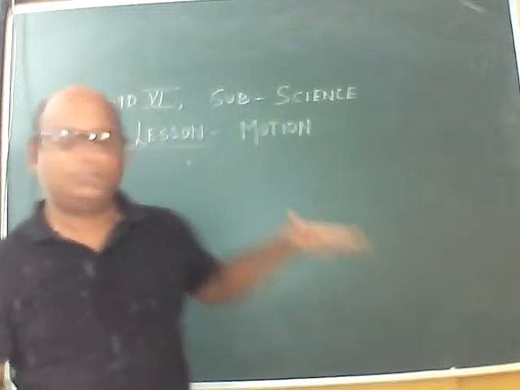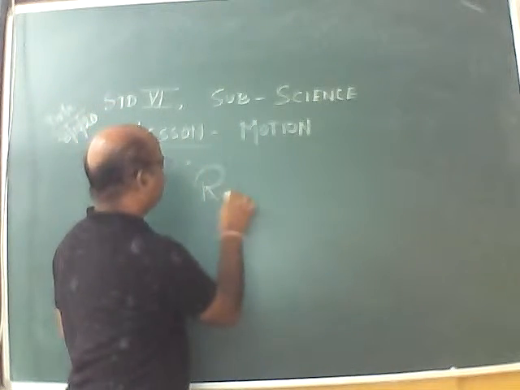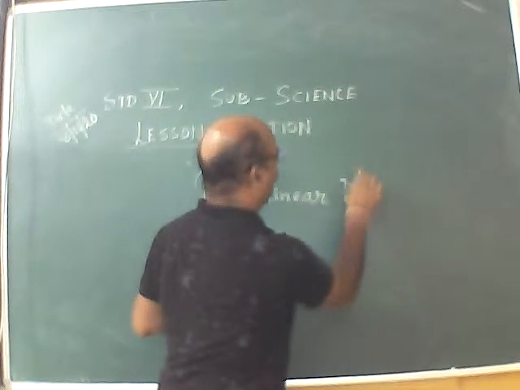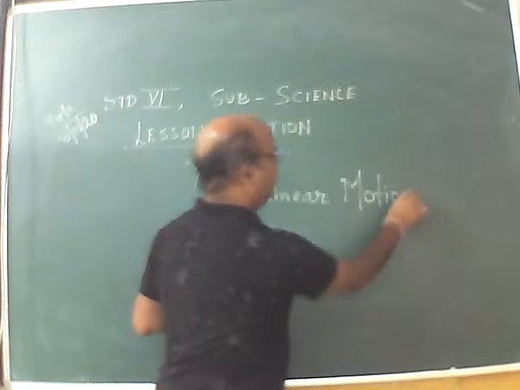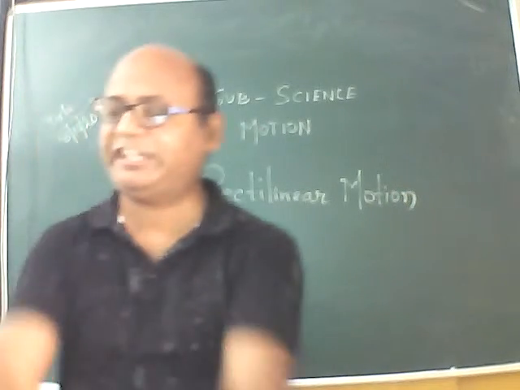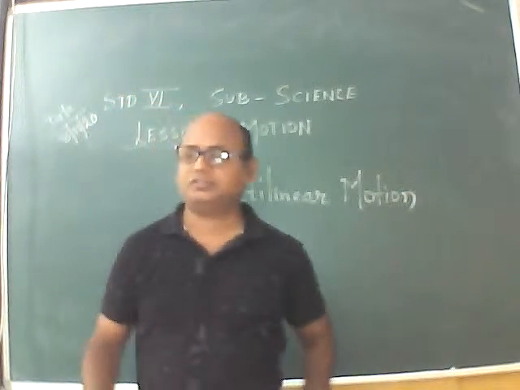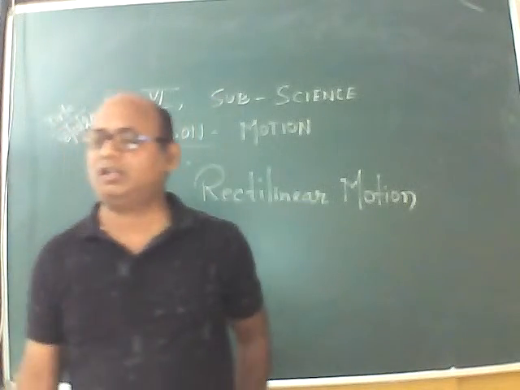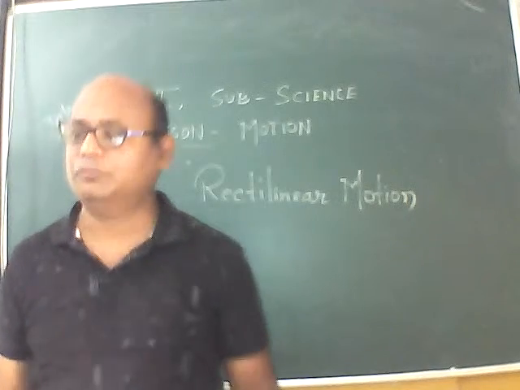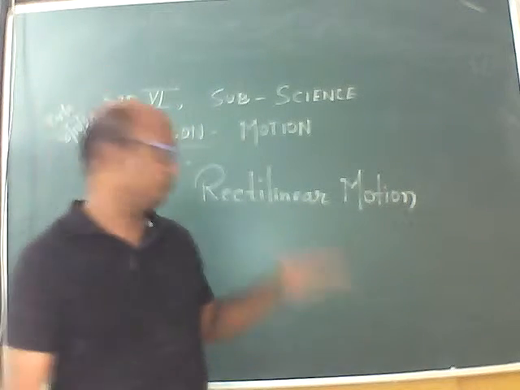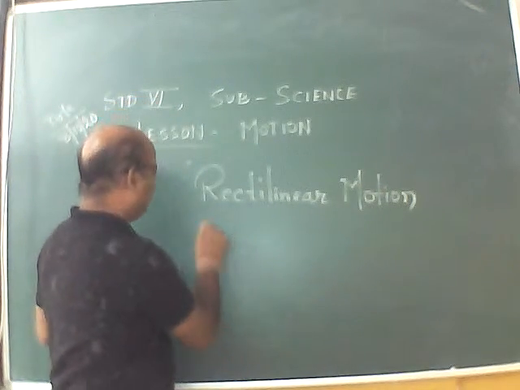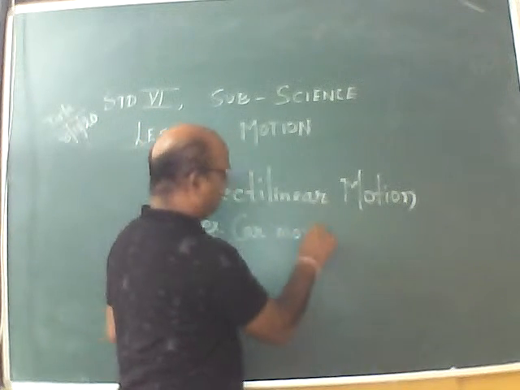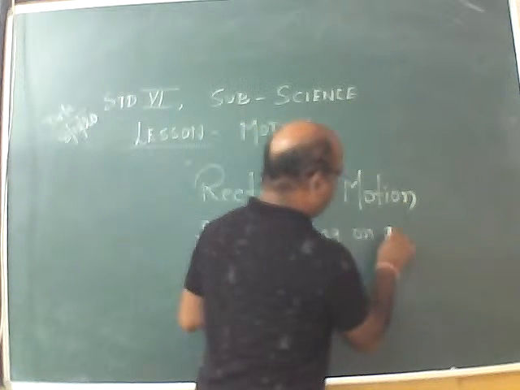So, rectilinear motion: Santosh's correct answer, motion of the body in a straight path. The whole body changes position from one point to another in a straight path; that is called rectilinear motion. Then one example I write: a car moving on a straight road.